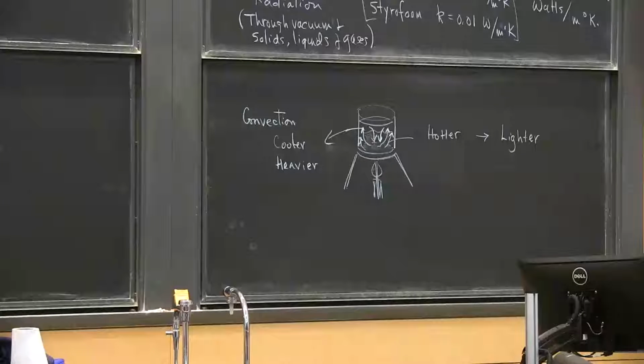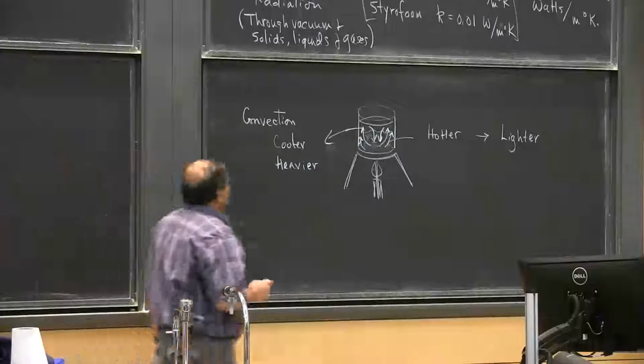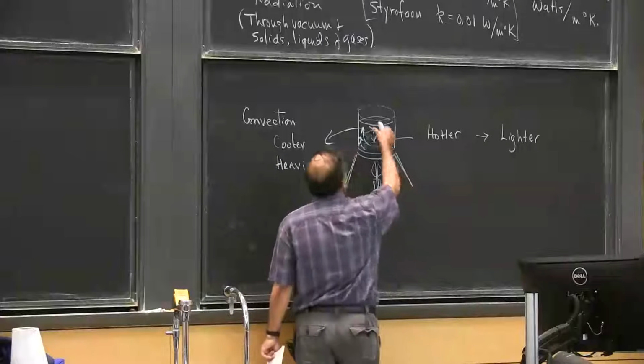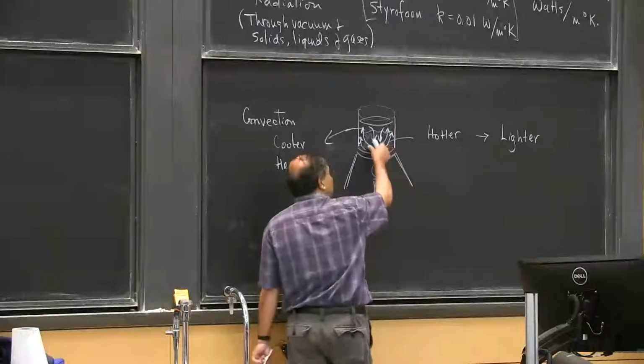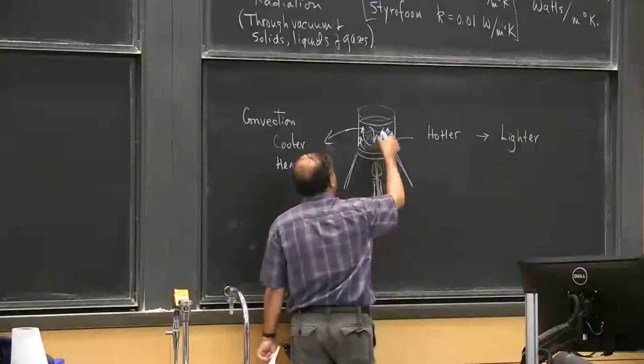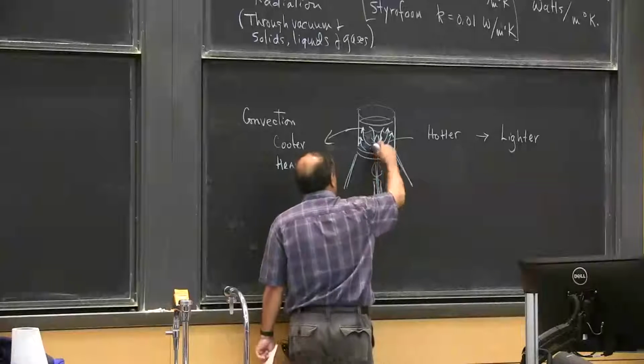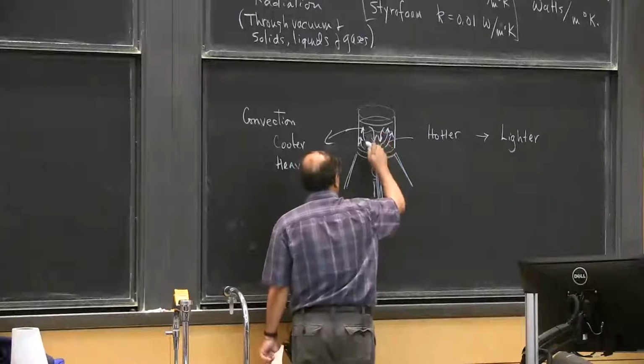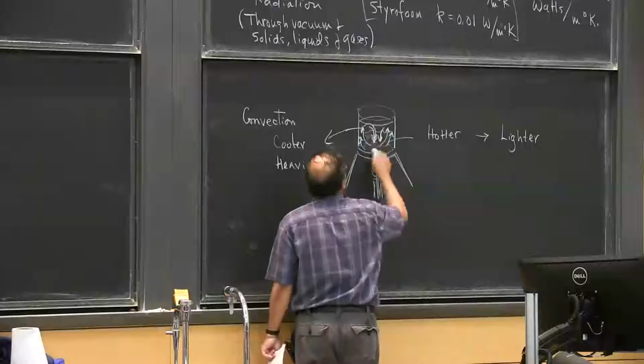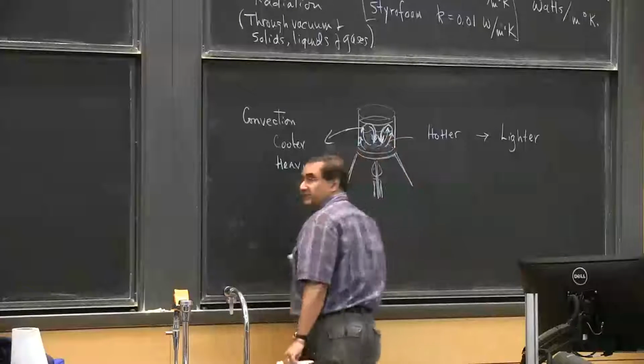So as a result, the next thing that will happen is that the cooler stuff that has come down will now become warmer. And having become warmer, it will also start to move up. And this will set up these convection rolls that you will see in a liquid.